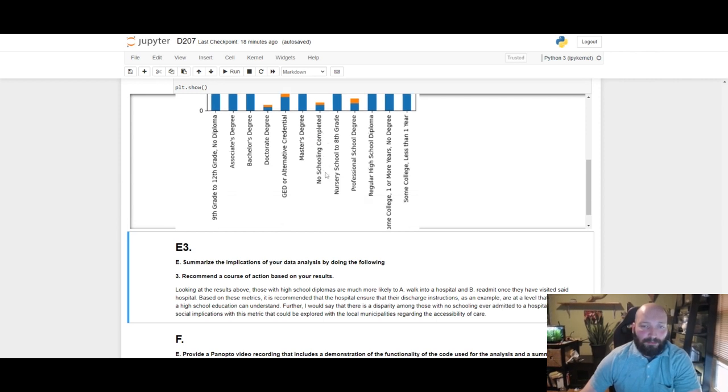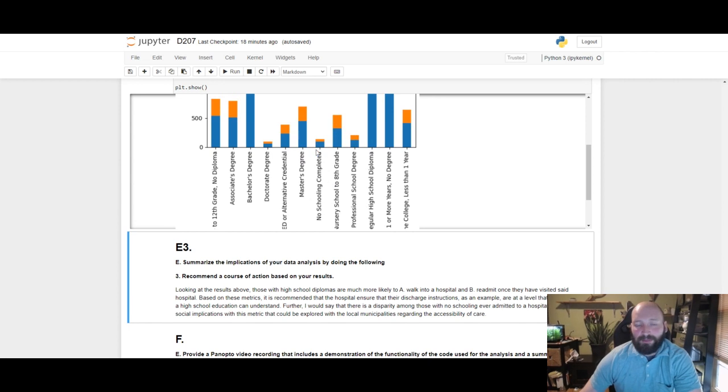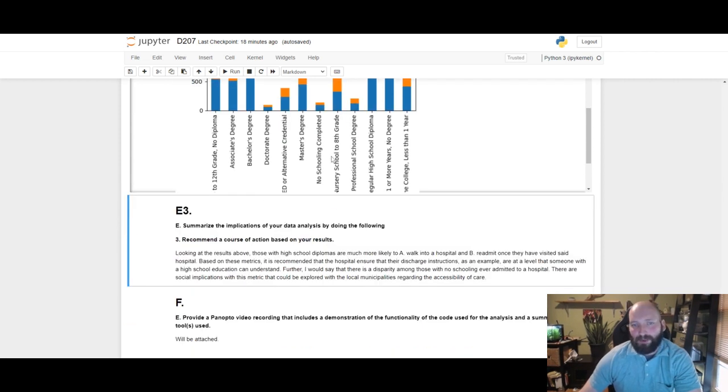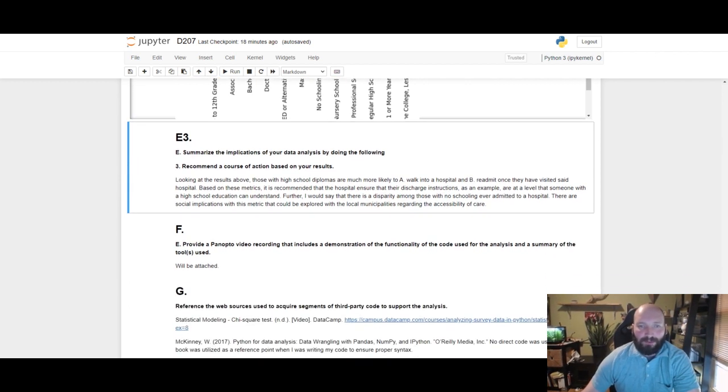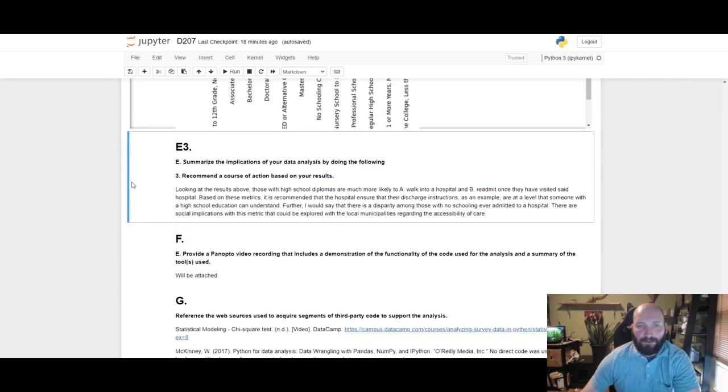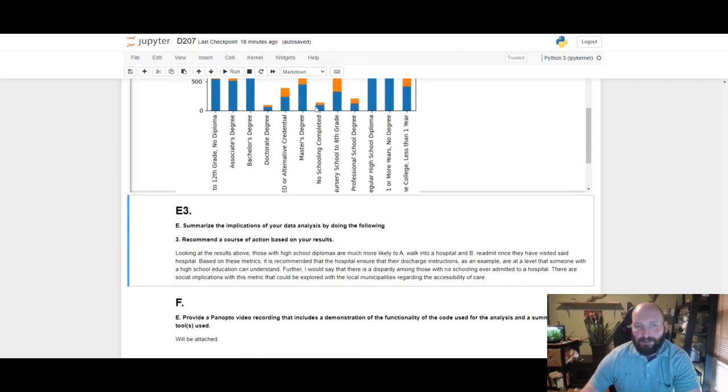Or C, there may be some financial implications, which we could explore to see if there's a financial implication with schooling, what the reported income is with this group, and then maybe report that to the local municipalities that, hey, this is what we're getting at our hospital level. Do you have any infrastructure to provide universal care to those that may not have the education or income?